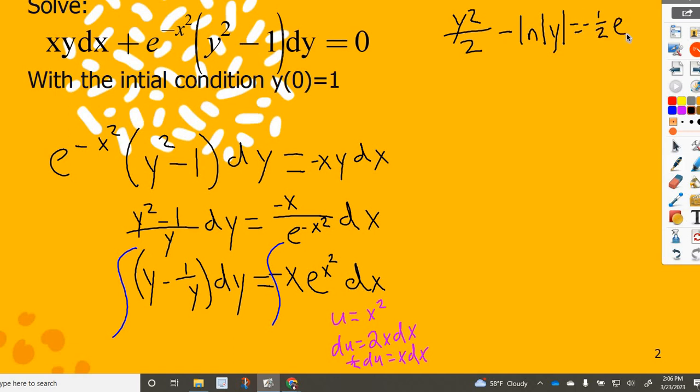And then the antiderivative of e to the u is going to be e to the u, except then we have to plug our u back in, so we get e to the x squared. And then we do have to add our plus c.